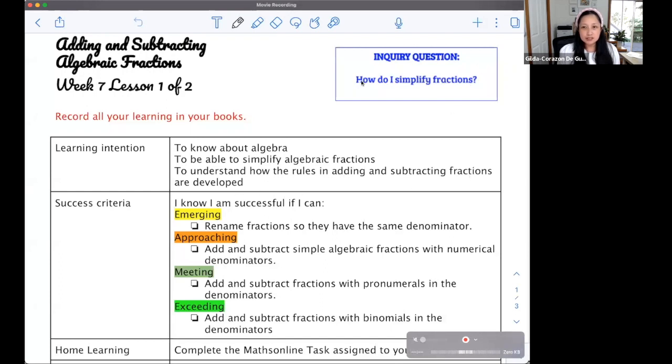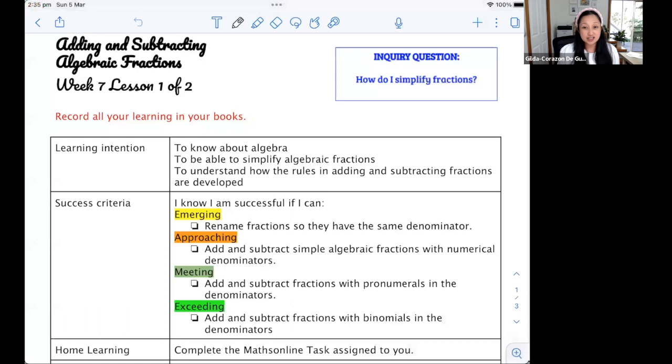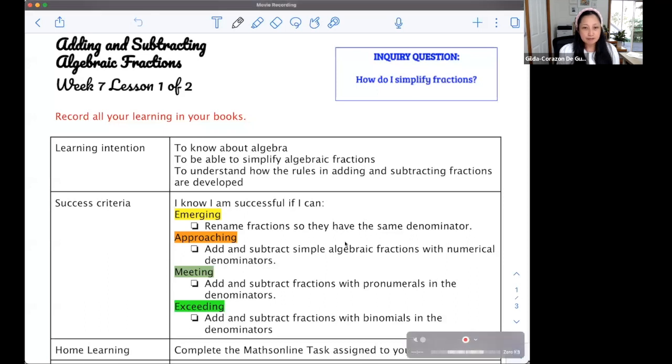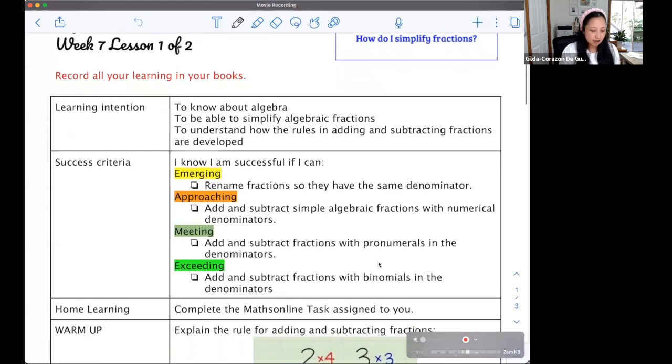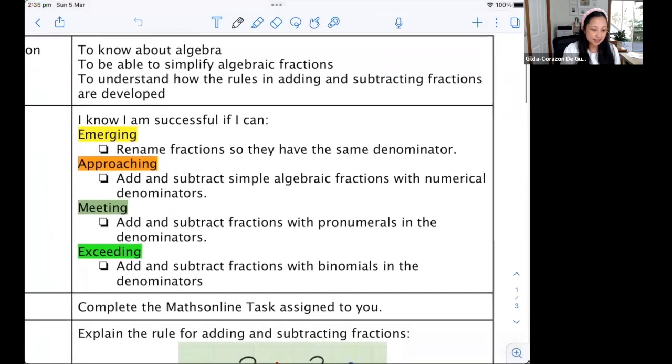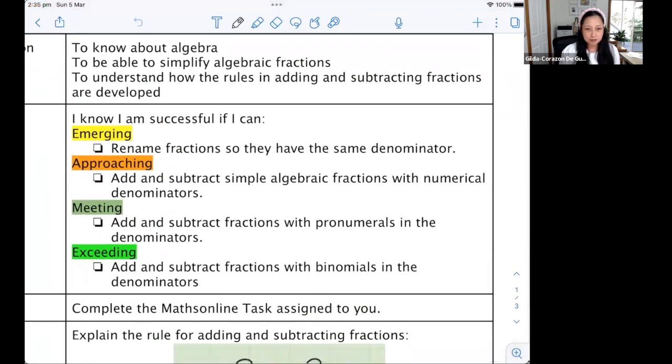So essentially our big question is, how do I simplify fractions, whether they are fractions that are just numbers or fractions that are algebraic fractions? Now for success criteria, I've put here some guide on what you want to target, whether it's emerging, approaching, meeting, or exceeding.